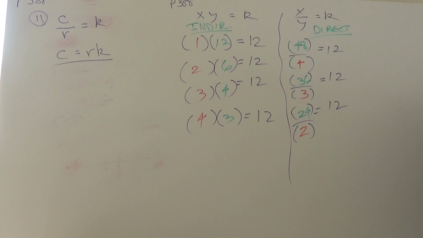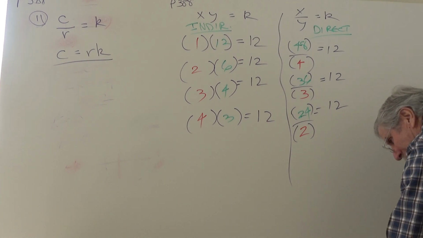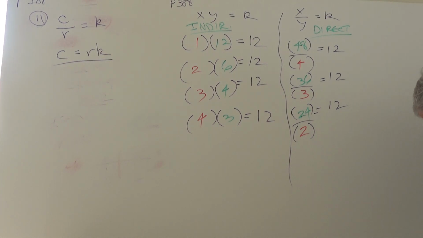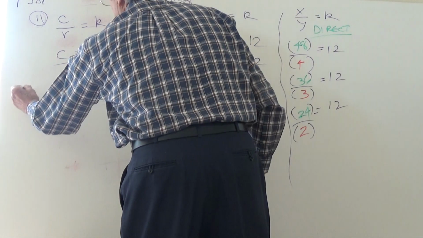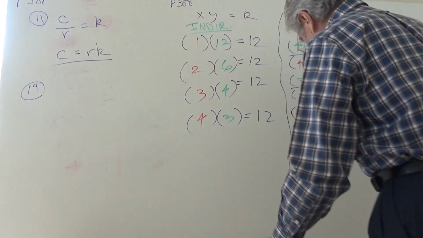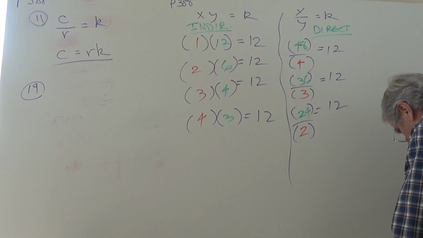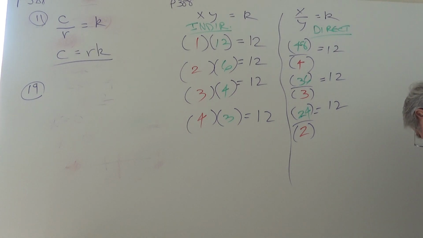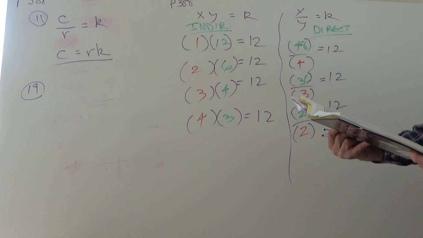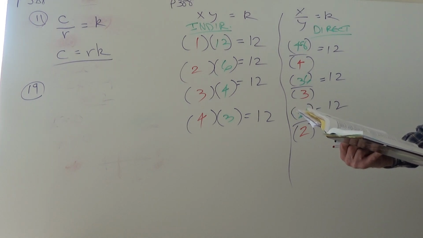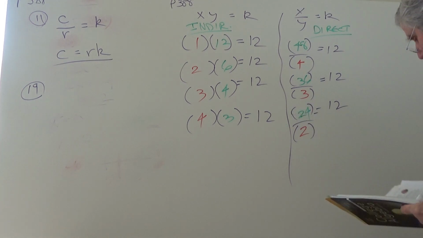After that, proceeding to number 19. 19 is a bit more involved, but we'll try to read it first quickly to get a general understanding of what we're talking about, and then after that we'll go a little bit slower and try to fill in the blanks. For number 19, the variable C varies jointly as m and n and inversely as the cube of t.